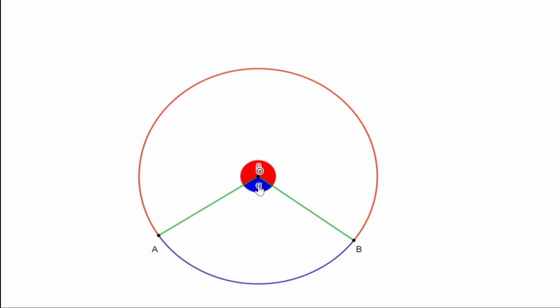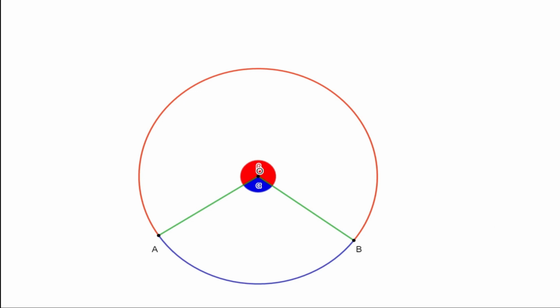This angle is the central angle of the blue arc and this angle is the central angle of the red arc. That means the central angle lies on the same part of the arc. Now we know the sum of these 2 angles is 360 degrees. That is, the sum of the central angle of an arc and its alternate arc is 360 degrees.